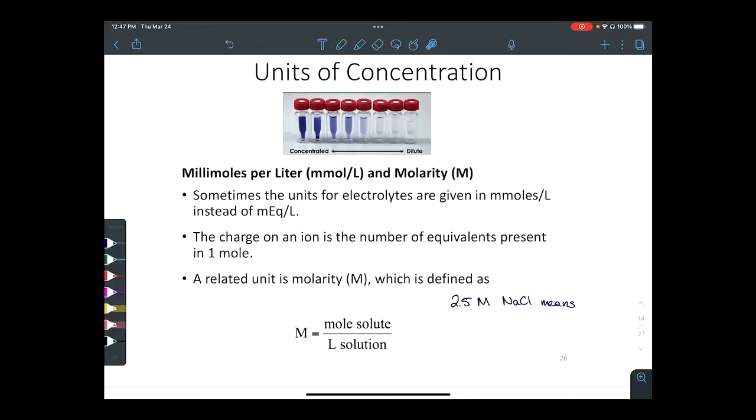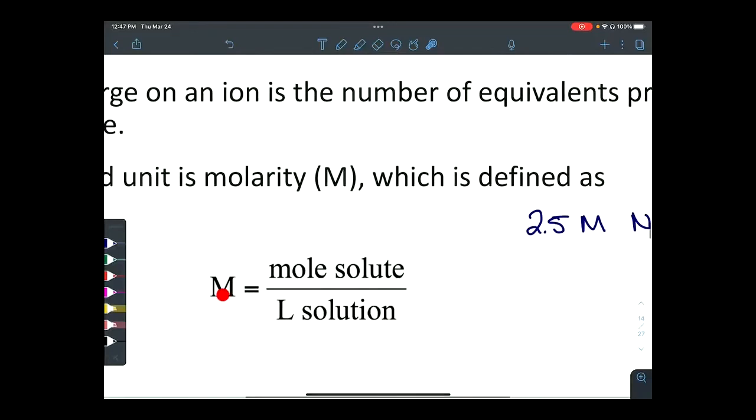With the unit of molarity, this is a little bit of a throwback to our idea of dimensional analysis and derived units. Our unit molarity, denoted by the big M, if we say something has a 2 molarity concentration, molarity means moles of the solute over liters of your solution.